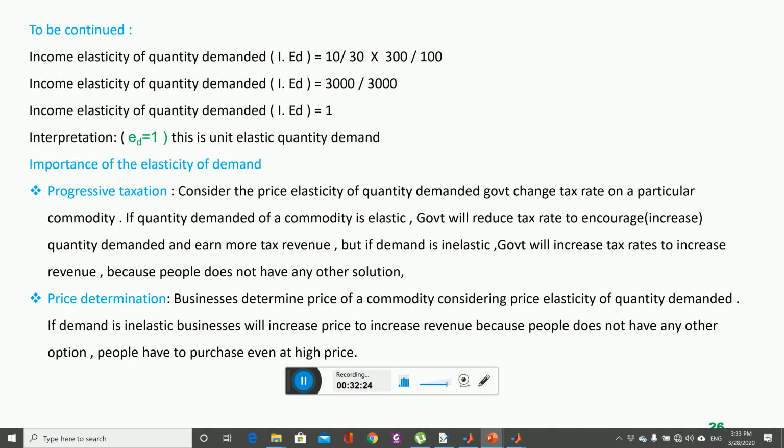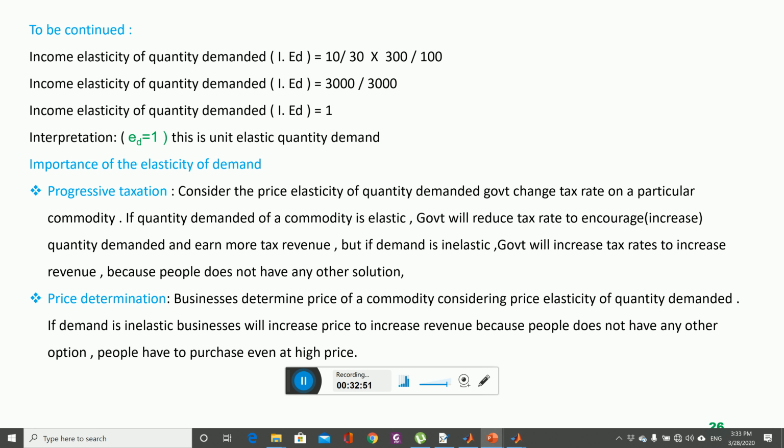If demand is elastic, this is good for the businesses to reduce the price. When the price decreases by 1%, demand will increase by 80-50%. The company can sell more. So for elastic demand commodities, the company will reduce the price, but for inelastic commodities, the company can increase the price to increase revenue.